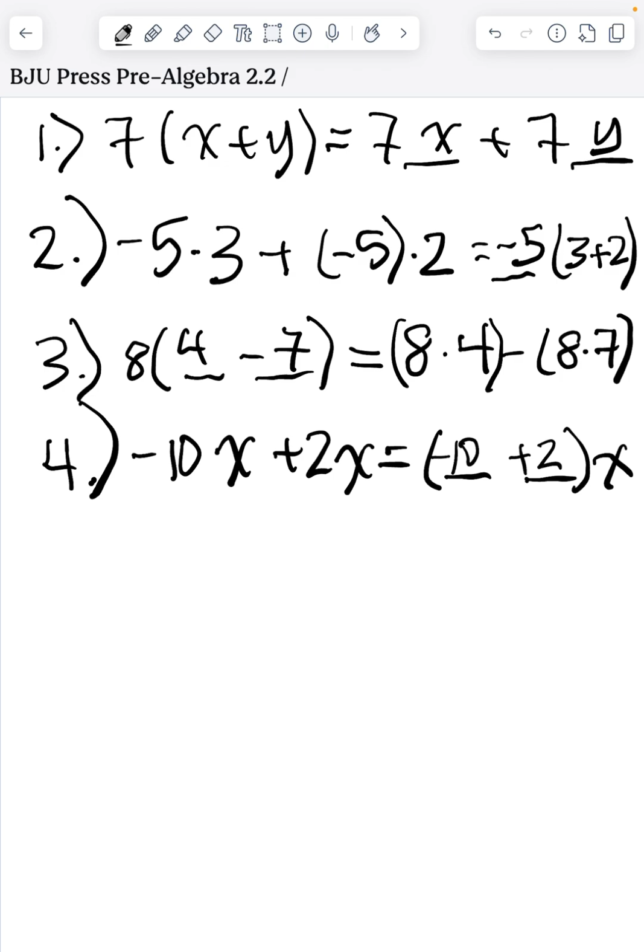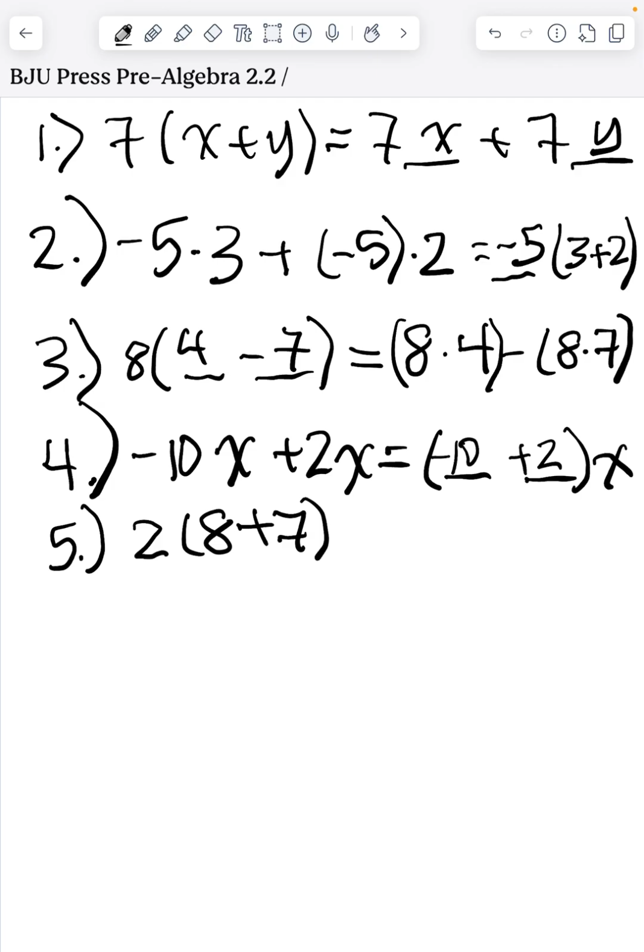Number 5. Use the distributive property to write an equivalent expression, then simplify if possible. All right, so because the directions ask you to use the distributive property, you should have written, this is the original problem, 2 times the quantity, 8 plus 7.